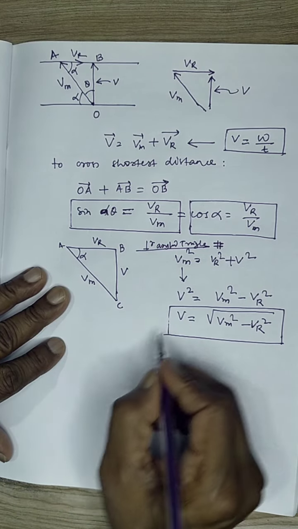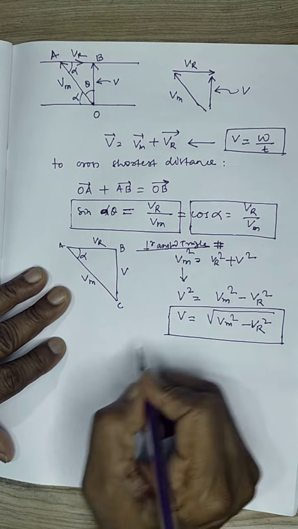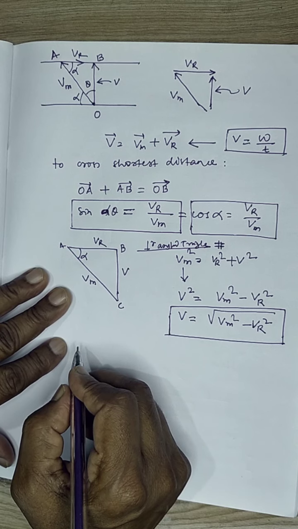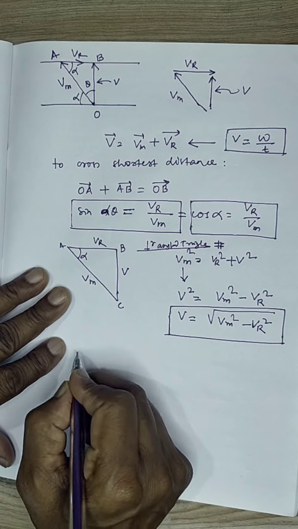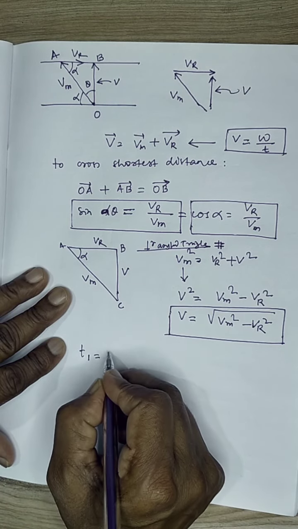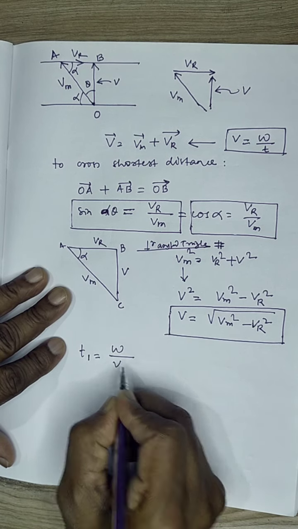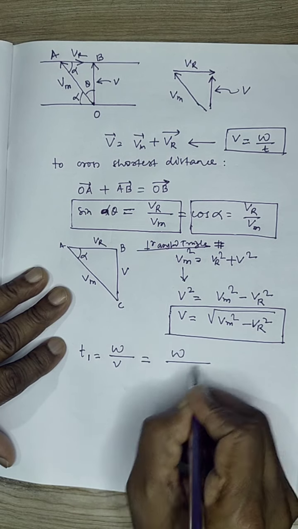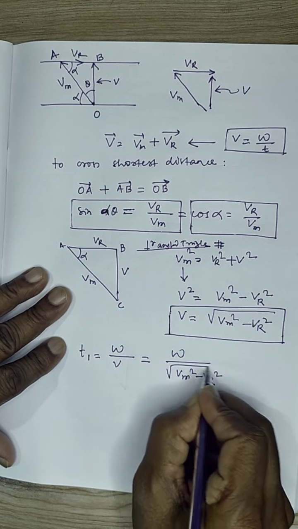To find out the shortest distance it will cover, the time taken, let t1, will be width by velocity, that is W by square root of Vm square minus Vr square.